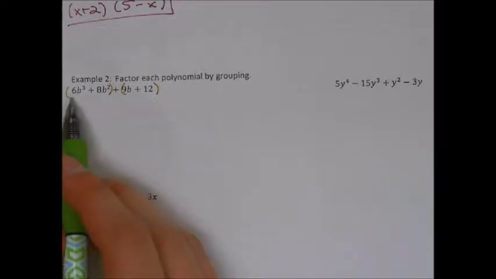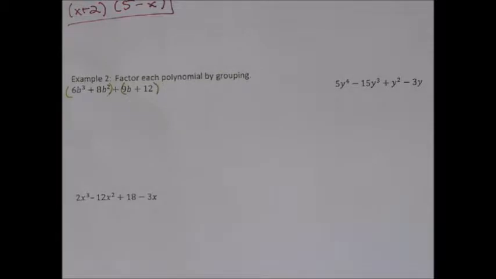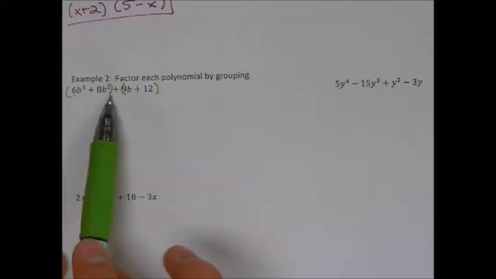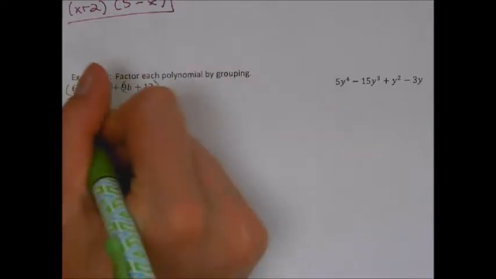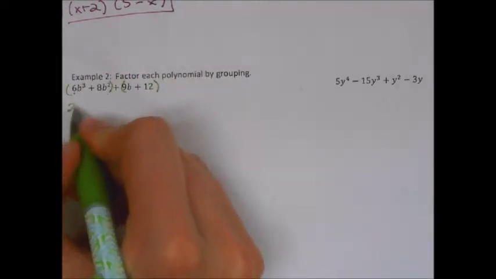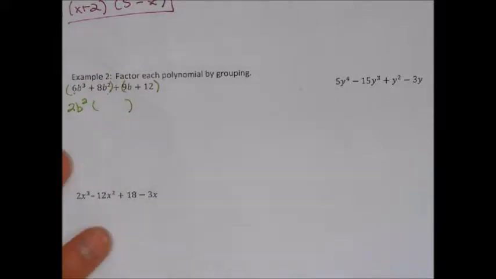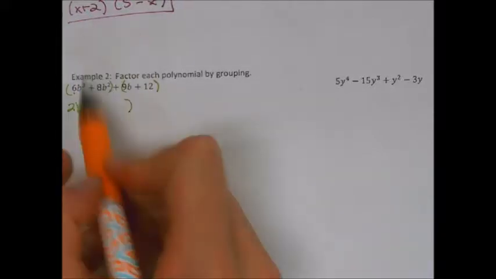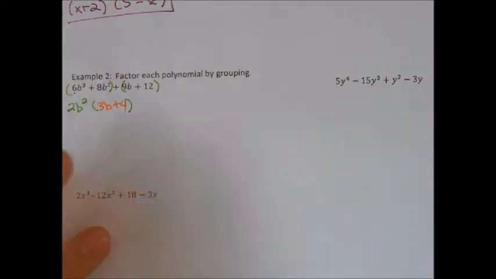So we look at the first group. I see I have a 6b to the third, 8b squared. My GCF is going to be 2b squared. This is going to be 3b plus 4.